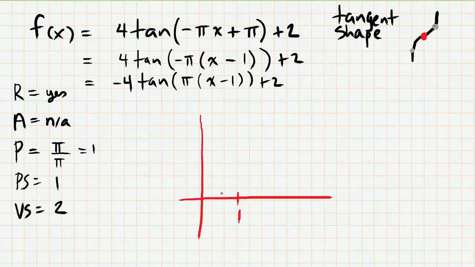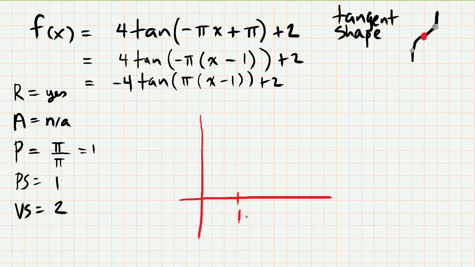With the graph of sine and cosine, the phase shift was the left endpoint of the first period. But for tangent, it's a little different. For tangent, it's the period that has to be centered on the phase shift. So the phase shift is the center of the first period, not the left endpoint. For all the other 5 trig functions, the phase shift is the left endpoint. But for tangent, it is the center.